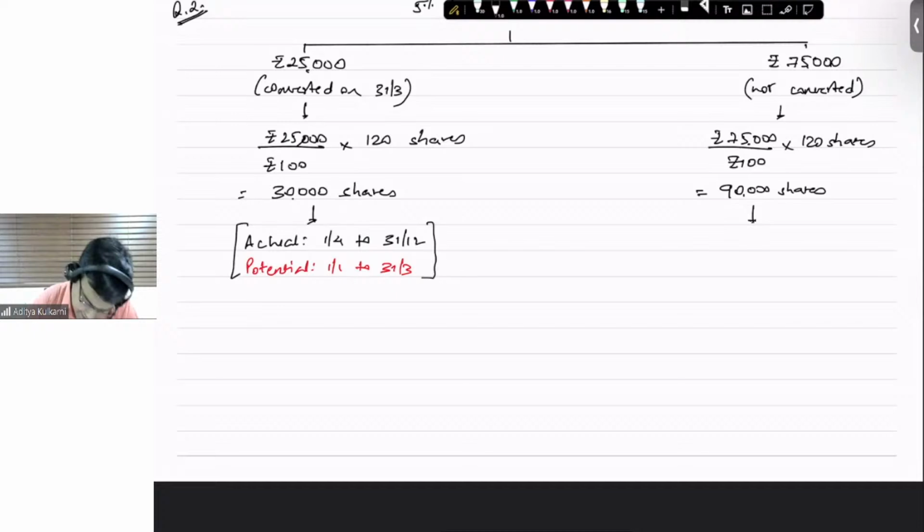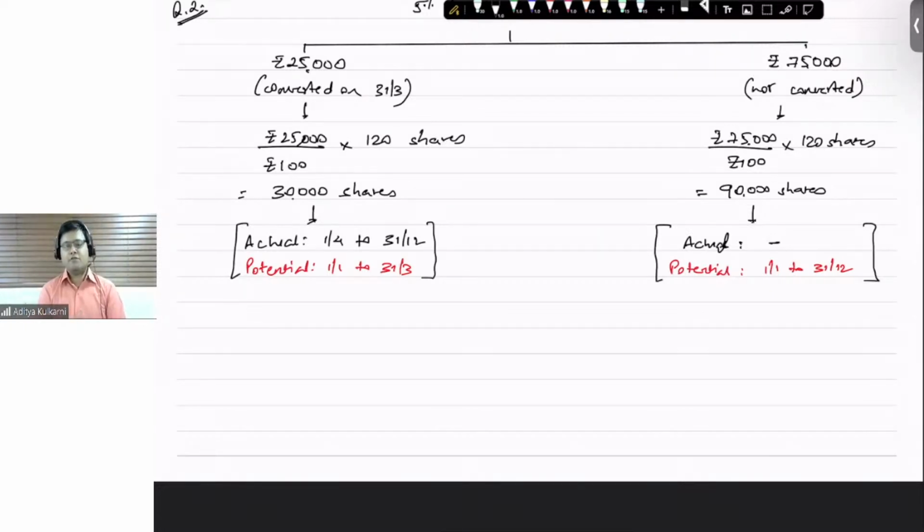Whereas in this case, there is no conversion at all. So actual shares, never. Entirely, it is potential from 1st of January to 31st of December.